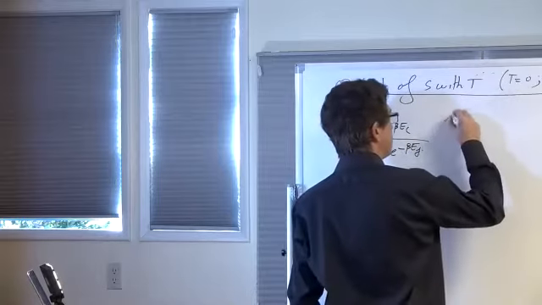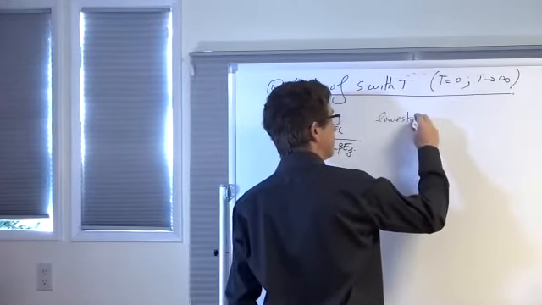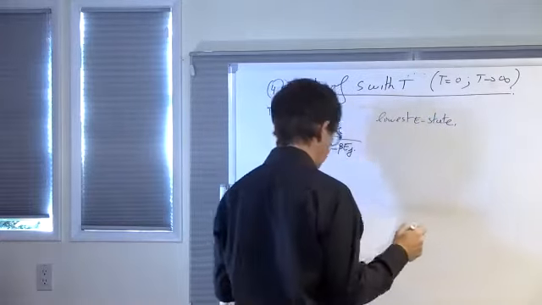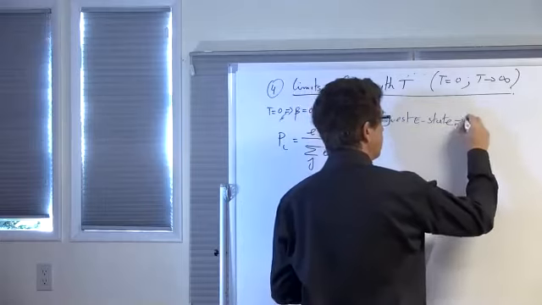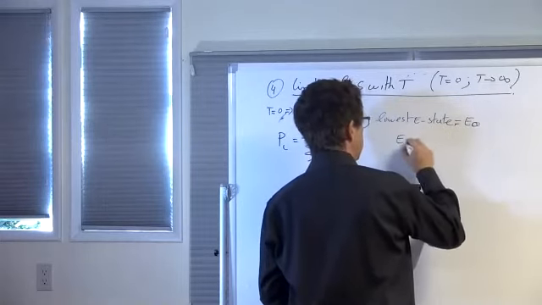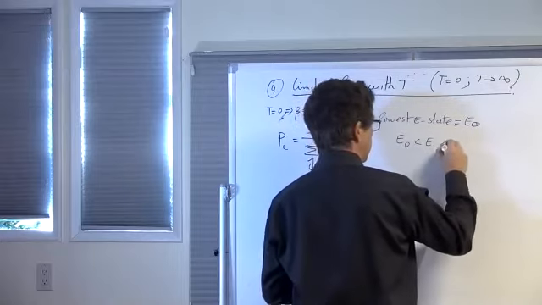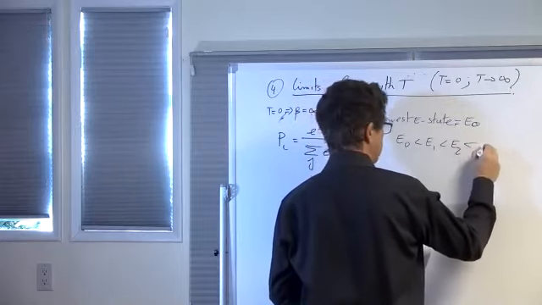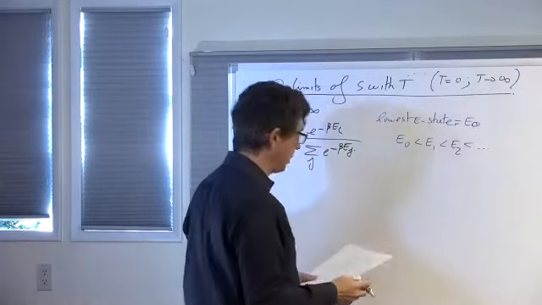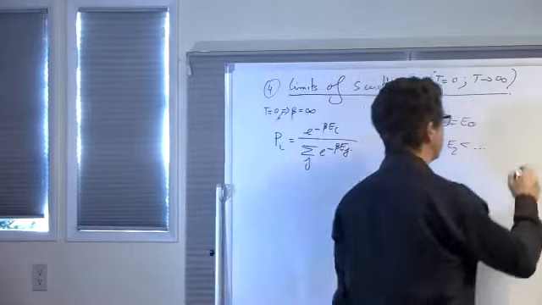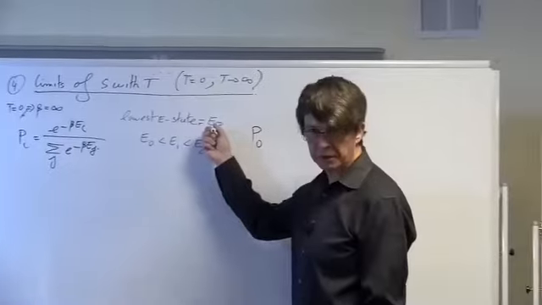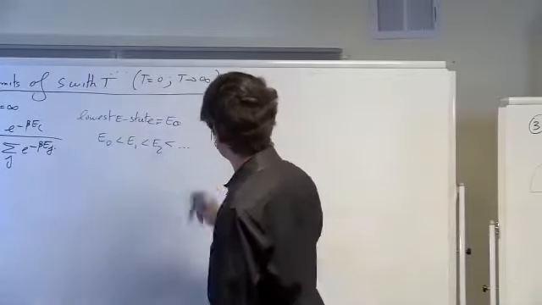So let's take the lowest energy state, E naught, and then I order them: E naught is less than E1, less than E2, etc. I'm going to calculate the probability to be in the lowest energy state, right? So I'll call that E0.